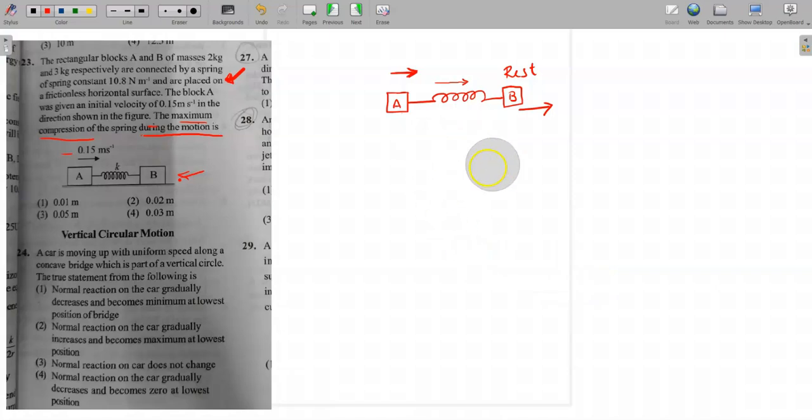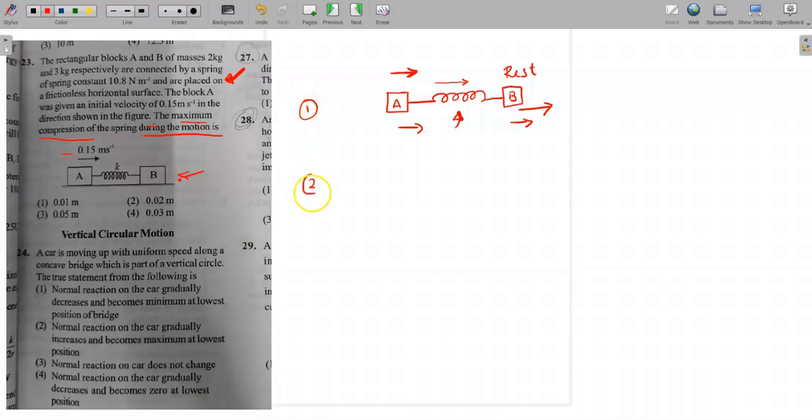Otherwise, there will be a stretching. So these two blocks should have the same speed, then you will get the maximum compression. Okay, this is key point 1.